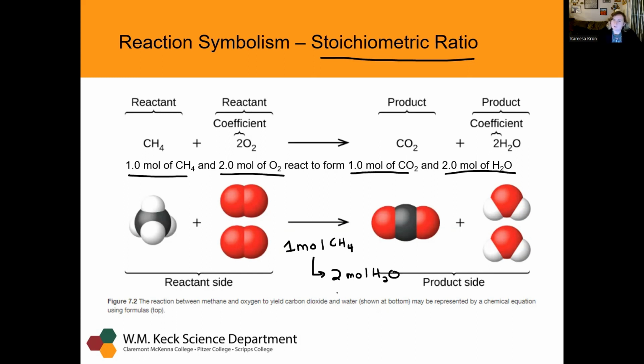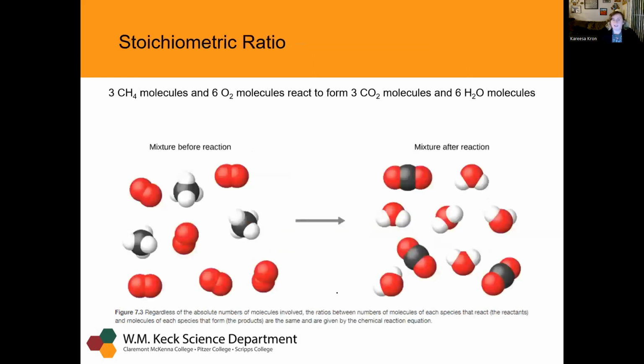And another way that we can think about this is that if we look at figure 7.3 in the book and we count how many molecules exist in any given reaction system, we can react 3 CH4 molecules and 6 O2 molecules to produce 3 CO2 molecules and 6 H2O molecules.